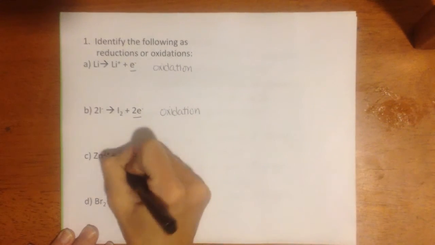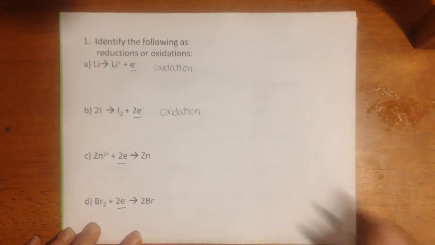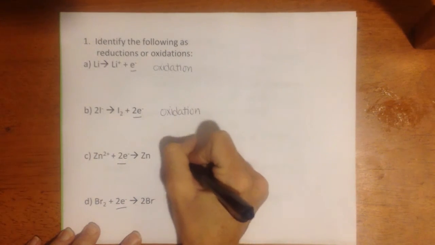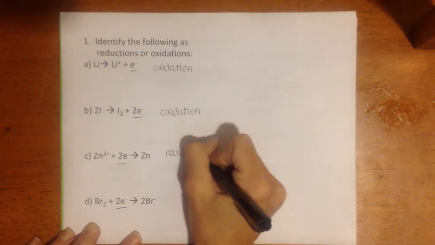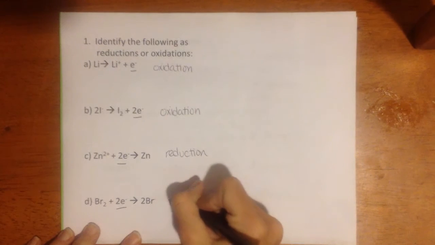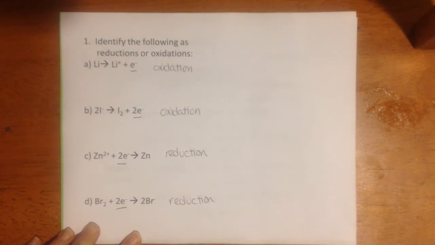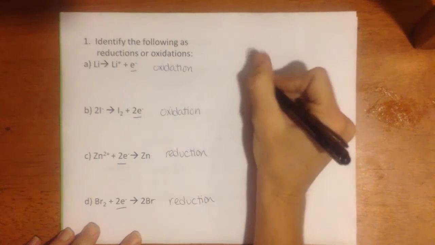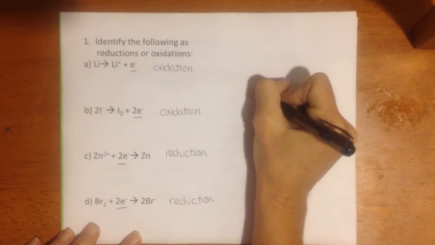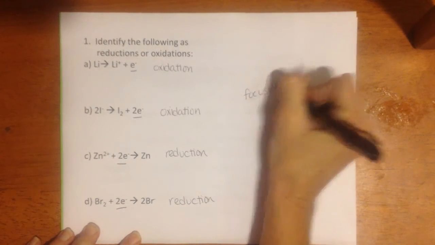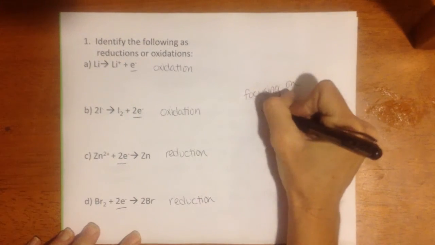Vice versa, anytime the electrons are on the reactant side, we would call that a reduction. So this is labeling it, focusing on the electron definition.